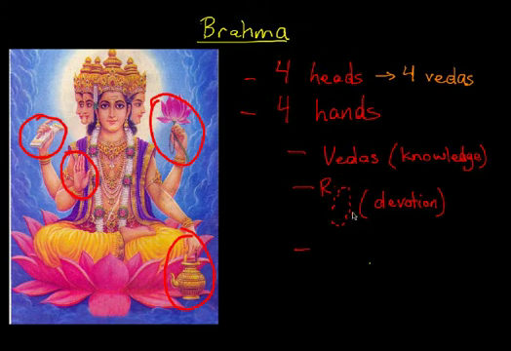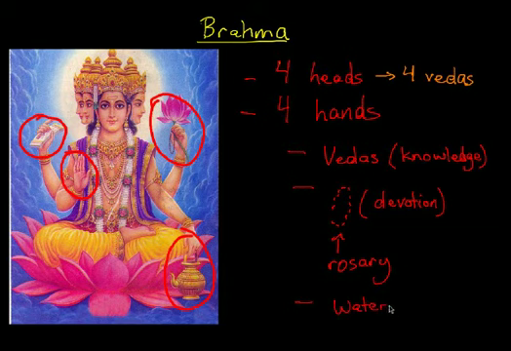And in this last hand, he's giving grace. He's saying, if you worship me, if you pursue knowledge, if you are devoted, then I will give you this form of grace. So these are the main aspects of Brahma.